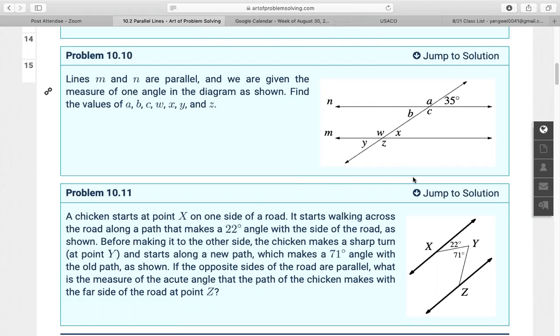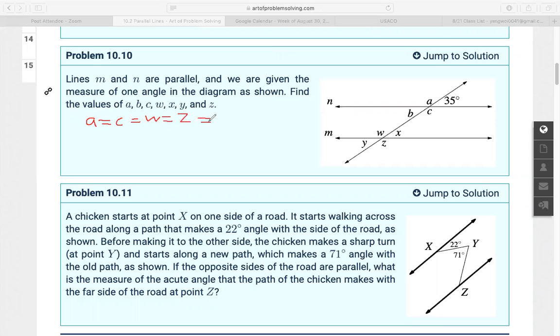A equals what? See here, let's see. Yeah, A equals C equals W equals Z. This one equals 145, right?